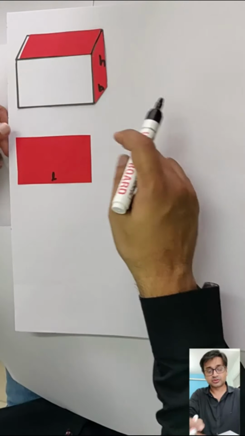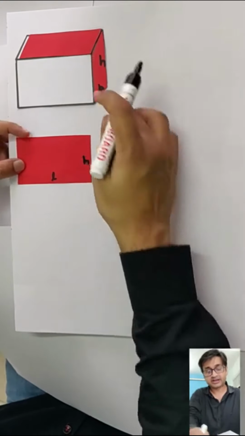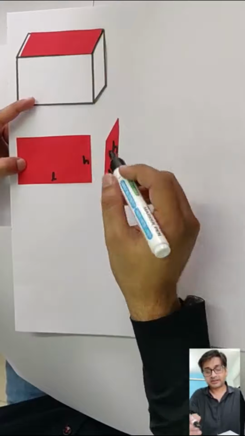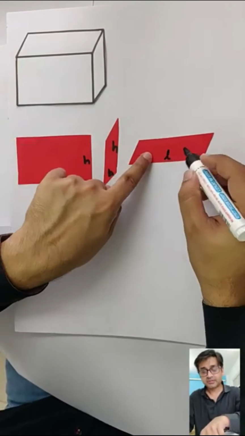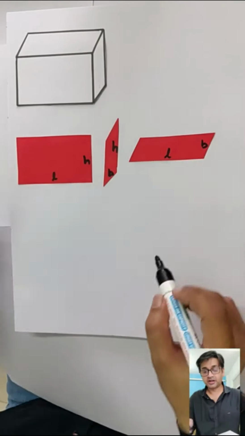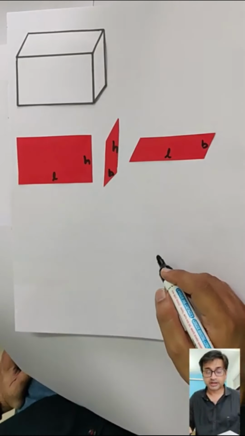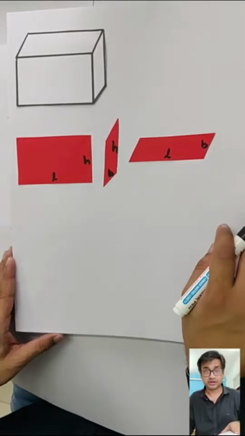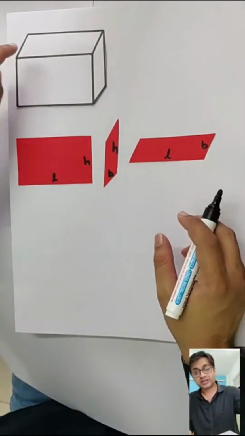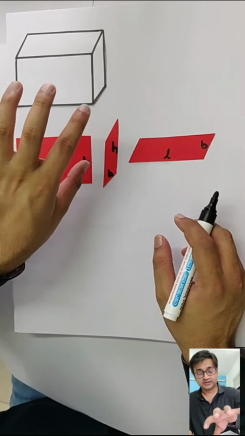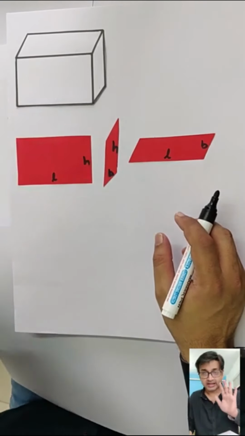The first one is length and height. The second one, breadth and height, and the third one on top is length and breadth. So 3 different dimensions, but all 3 are rectangles. Right now they look like different shapes, because I had drawn it like that to show you a 3D figure, but technically these are rectangles only.